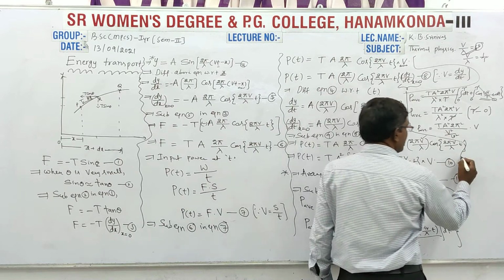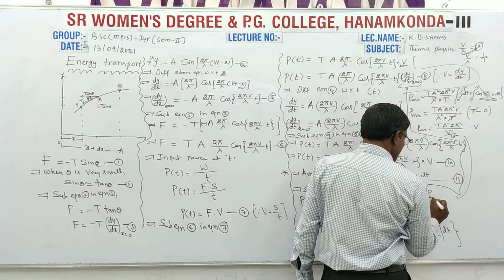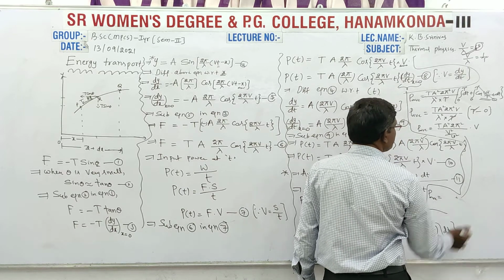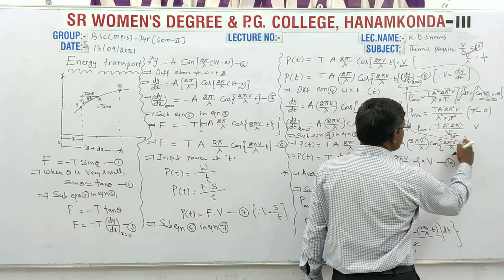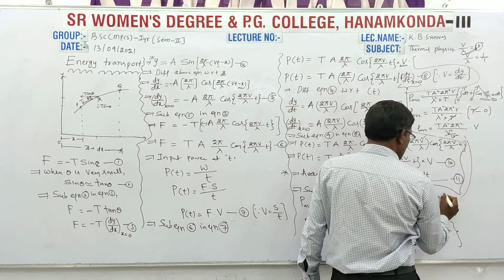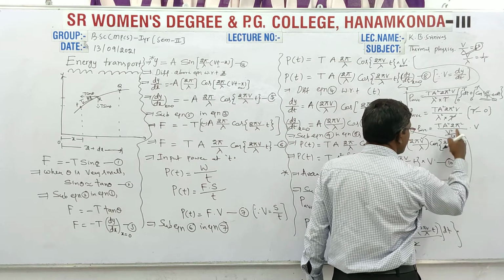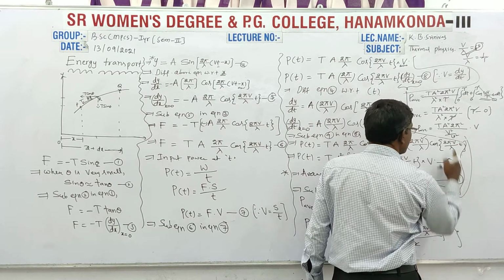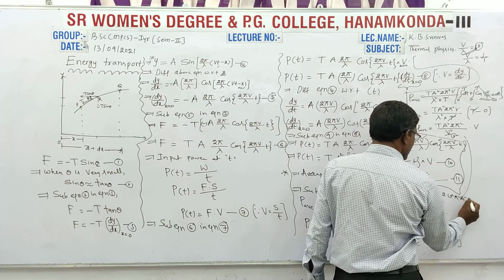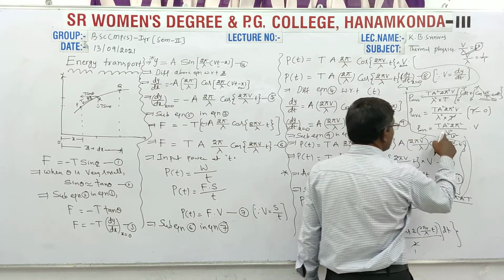So average power is equal to, this nu square goes into the numerator. So finally it becomes 2 nu square pi square a square into capital T whole divided by v square.